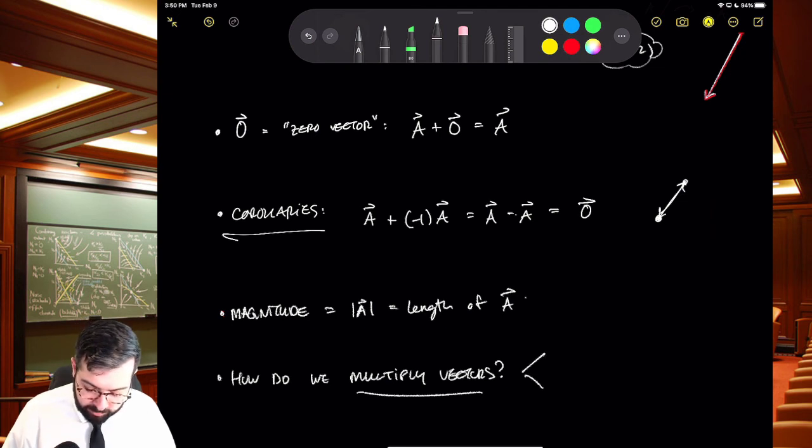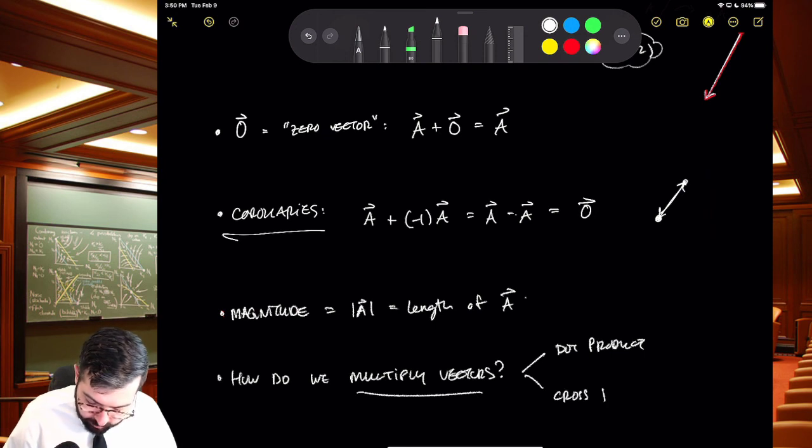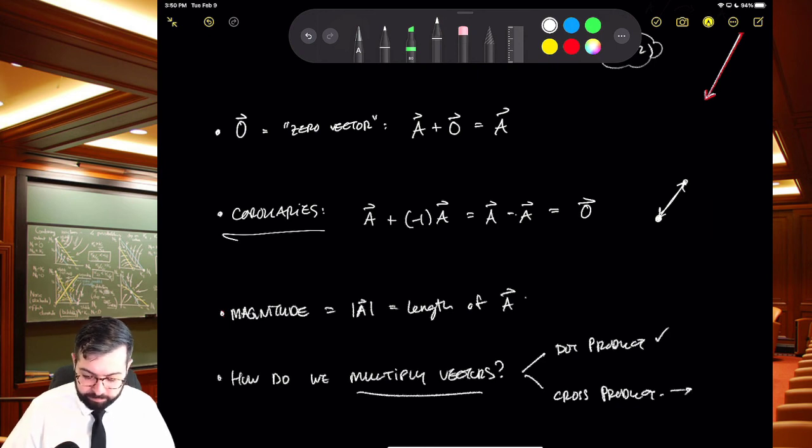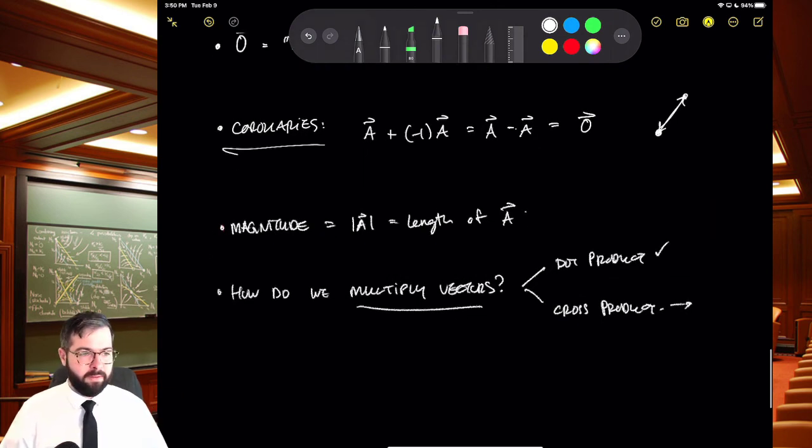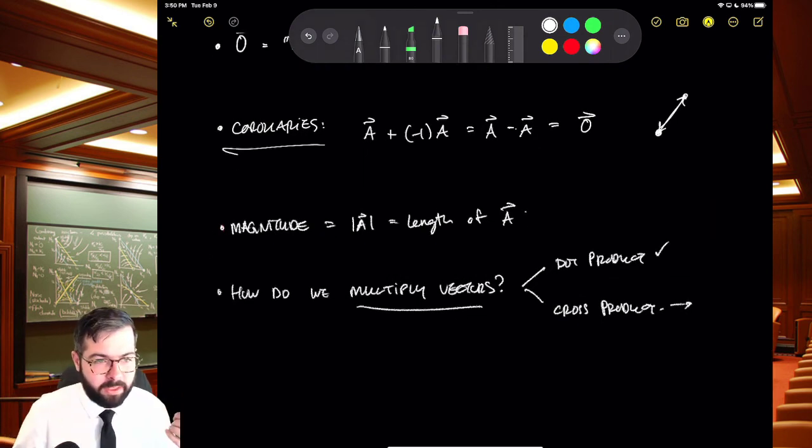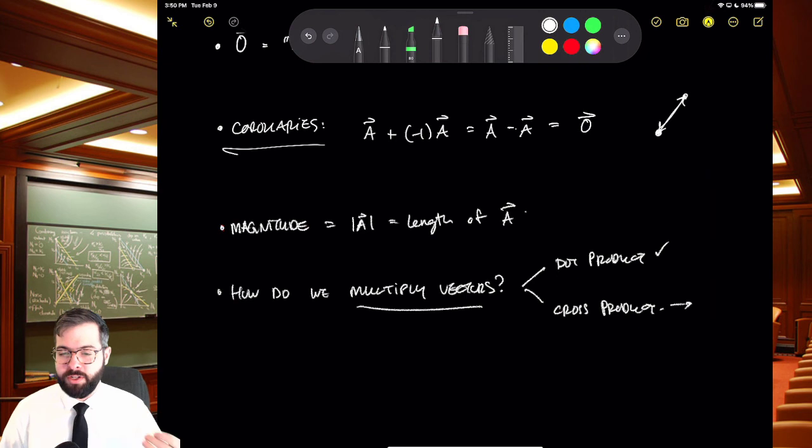So there's something called the dot product and the cross product. And we'll get through this one today and this one next time. Because the fact that these things have a little bit more going on means multiplication isn't going to be as simple. They're going to have different meanings and different physical motivations.